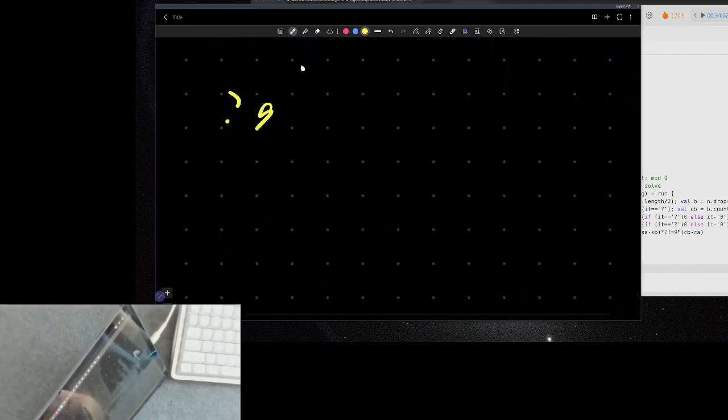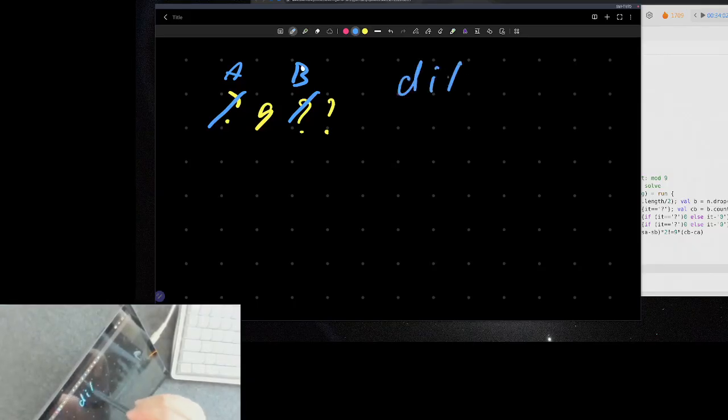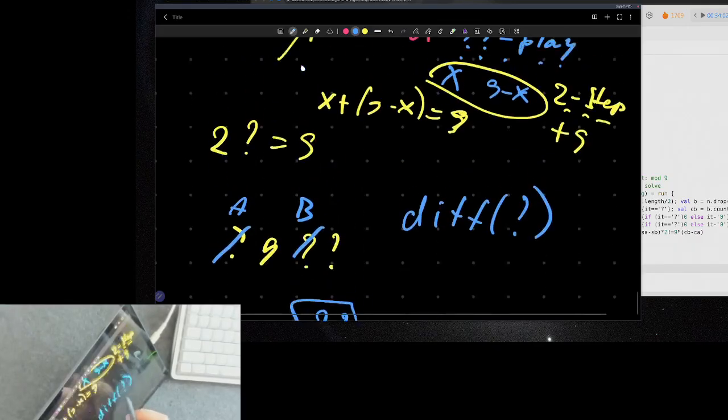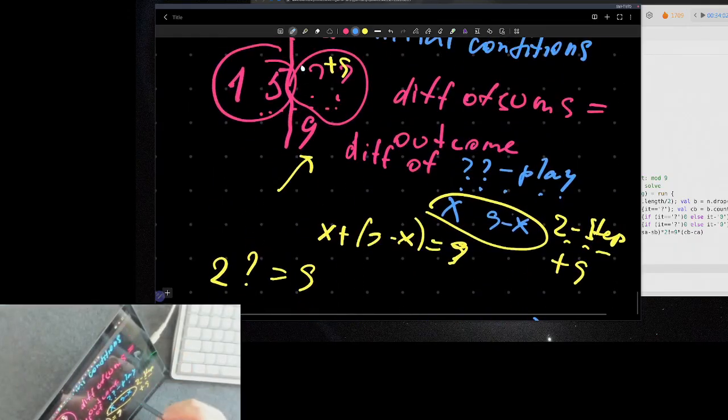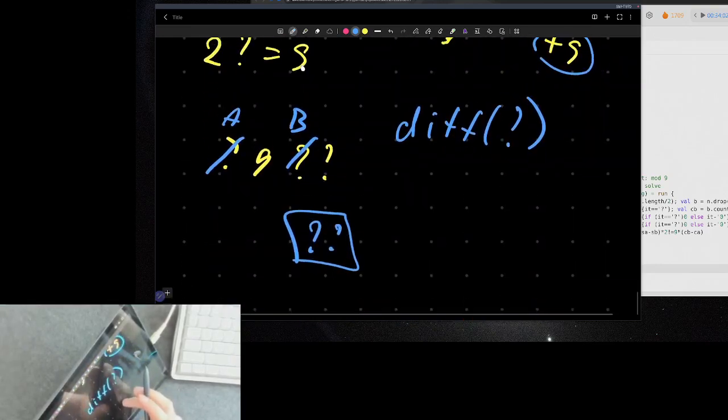So first we have to annihilate question marks that don't play. If Alice takes one question mark on the left, Bob plays another question mark on the right, and they annihilate, and basically the difference stays the same. The difference of question marks stays the same, and the difference of question marks is where the play of the question marks goes, where it's doing this plus 9 thing.